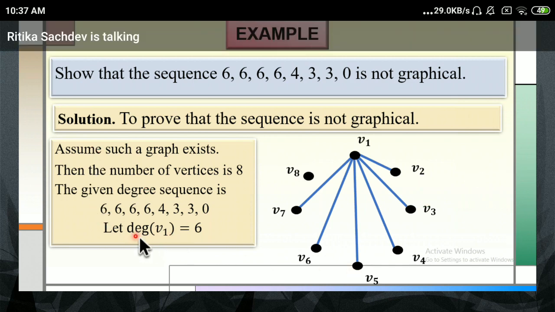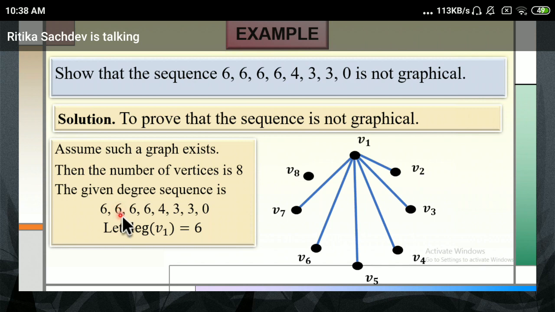Fine. So now I have got degree of V1 as 6. That means now I should not consider this particular vertex. So I should get rid of the first vertex and concentrate from the second number onwards. For V2, I already have degree 1, but I wanted degree as 6. So can I decrease this by 1?